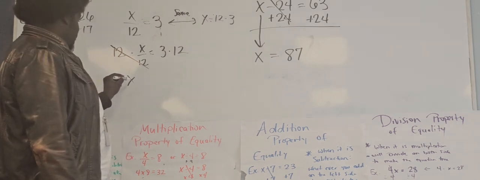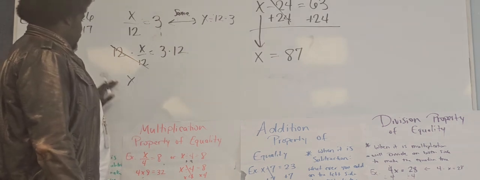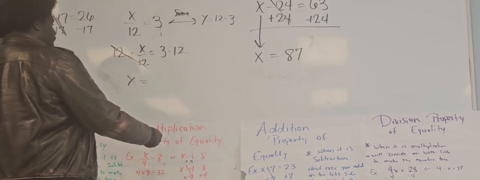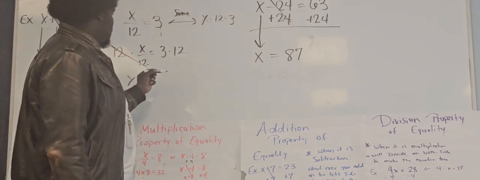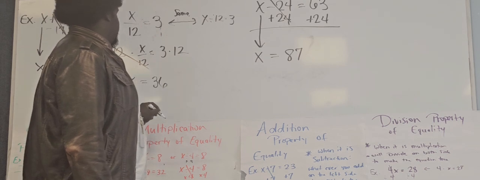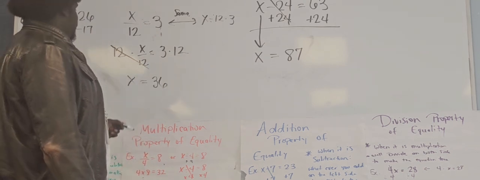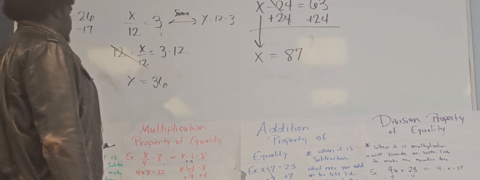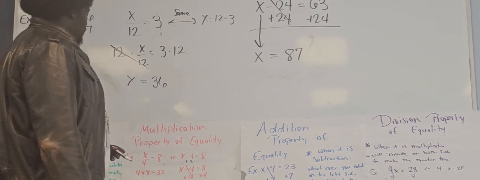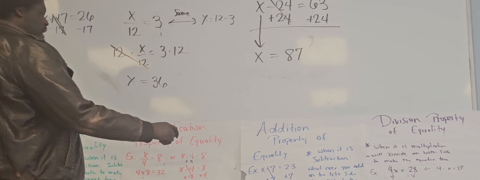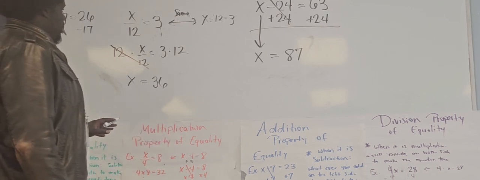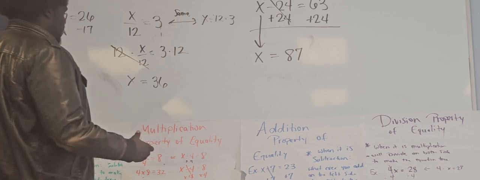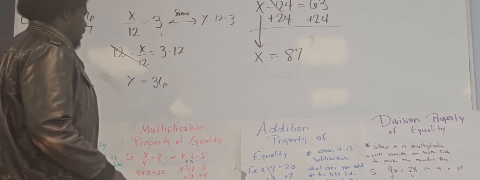And 1 times x is just x. Now, on the other side, we have 3 times 12. 3 times 12 is 36. And 36 divided by 12 equals 3. So again, just like addition, just like subtraction, if you multiply something on one side, you have to multiply that same number on the other side to balance the equation out.